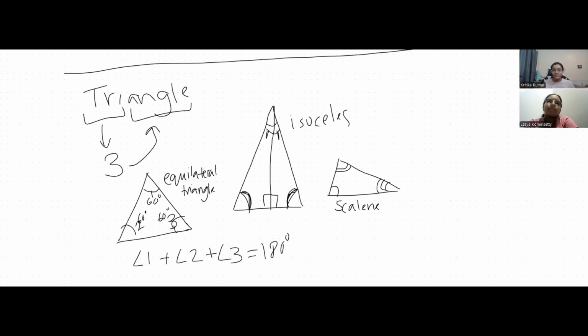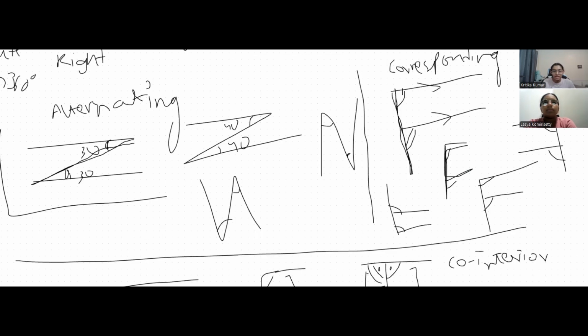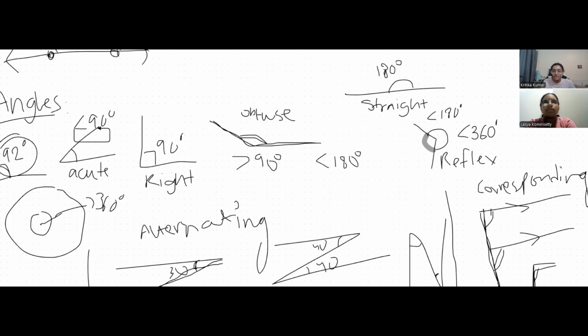Now there's a fourth type of triangle, which I didn't quite mention earlier, but I would like to mention. This is our right angle, right? Because remember, if I scroll back up, in our angle section, we talked about our right angle, which was 90 degrees, okay?